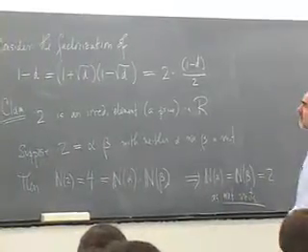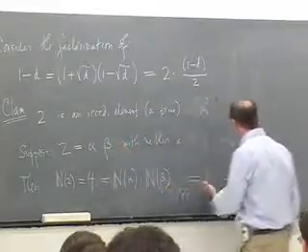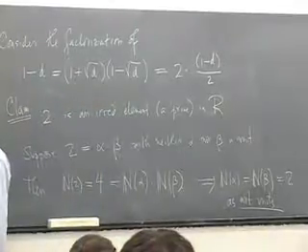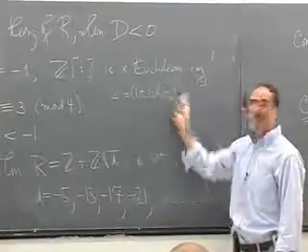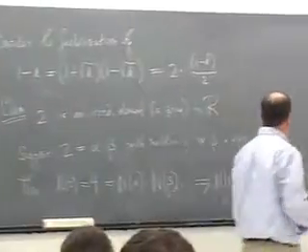Therefore, if we had a factorization of 2 into alpha and beta, we found elements of norm 2. Now that's okay in this ring. These elements do have norm 2. Here's the element alpha, here's the element beta. Both of them have norm 2. All right? But here, this is impossible.